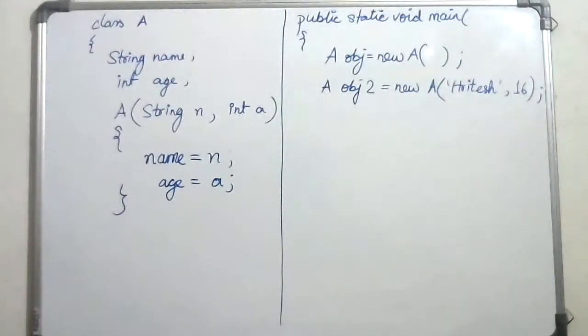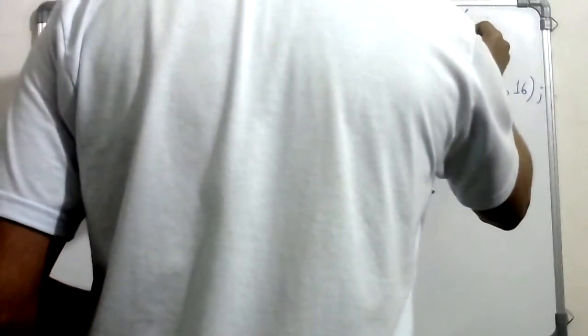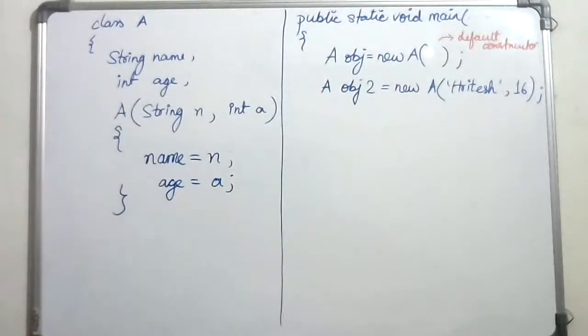Notice the difference between the two object creations. The first one calls the default constructor, which is automatically provided by the compiler if you do not write one on your own.